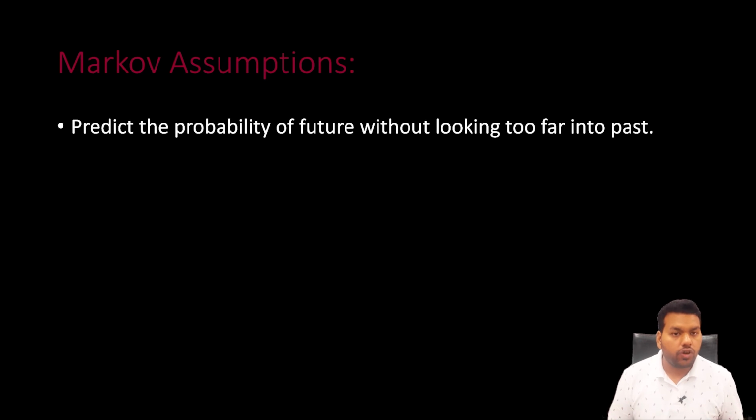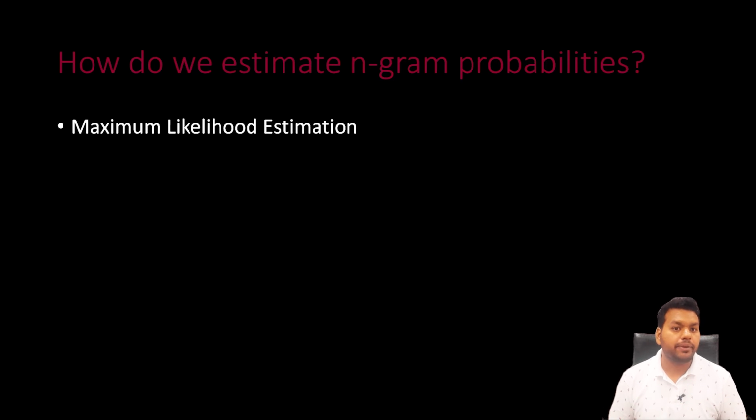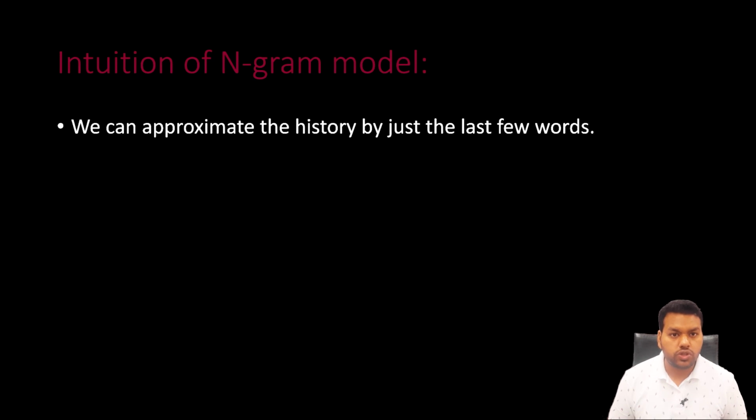Another thing that can come up: how can we estimate the probability in the case of n-gram? We have a method called maximum likelihood estimate. We get a count from the corpus of our data and then we normalize it, so it comes in the scale of 0 to 1. That's the way we can estimate the n-gram probability. So what is the intuition of the n-gram model?